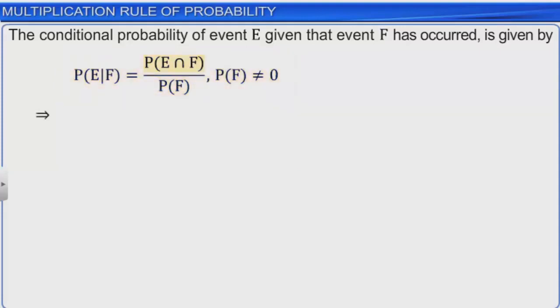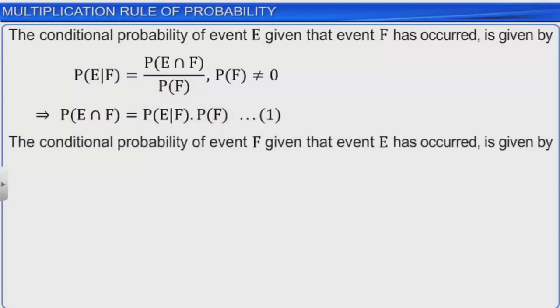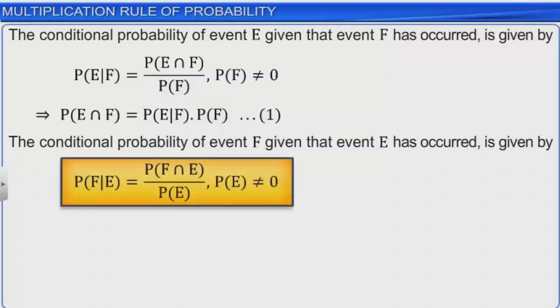This implies that the probability of E intersection F is equal to the probability of E given F multiplied by the probability of F. Similarly, the conditional probability of F given that event E has occurred is equal to the probability of F intersection E divided by the probability of E, such that the probability of E is not equal to 0.